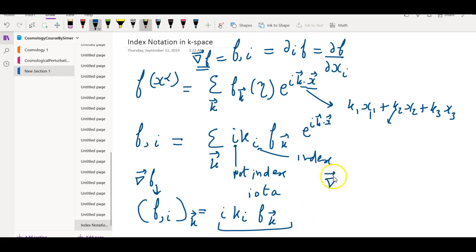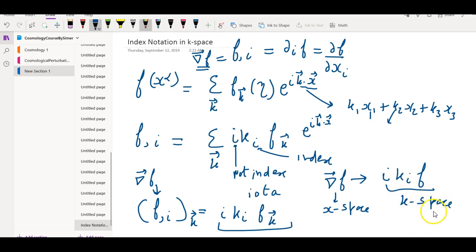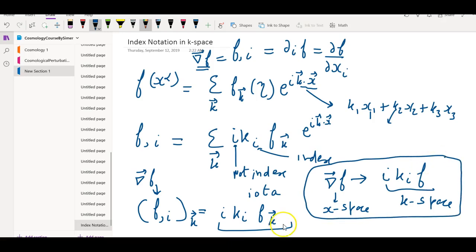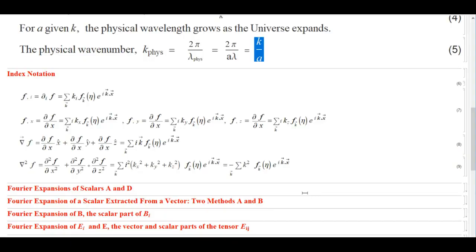So del f becomes this in x space, and in K space, remembering I told you that we can drop the subscript, this will become this in K space.